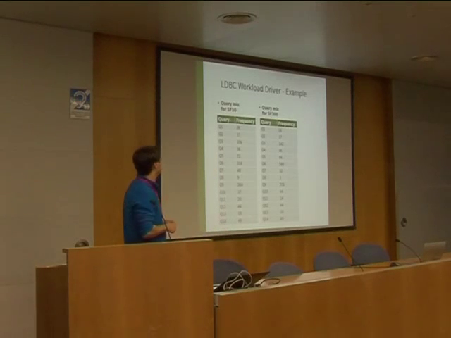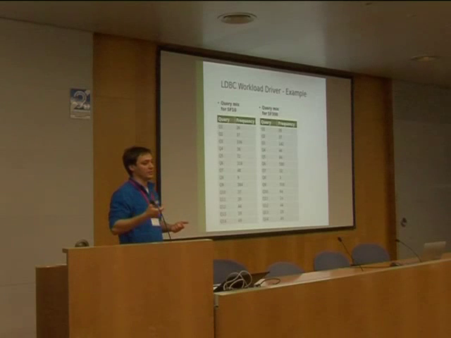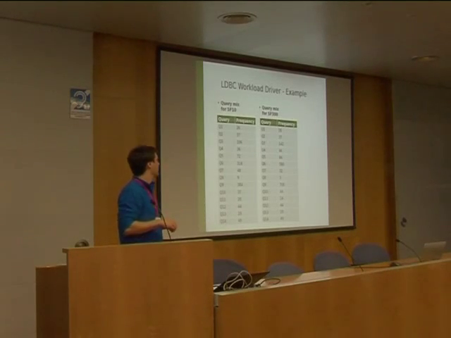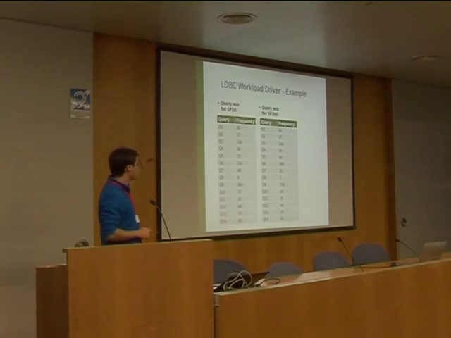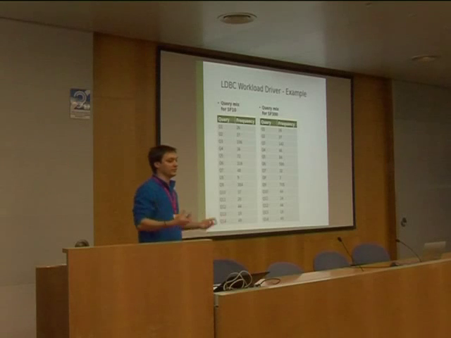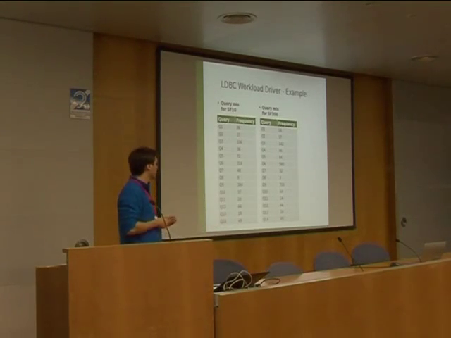So for instance, for scale factor 10, one instance of query 1 will be issued each time we observe 26 updates. But these frequencies are different for different queries, because not all the queries have the same cost or are equally expensive. They are also different depending on the scale factor, because not all the queries scale in the same way.